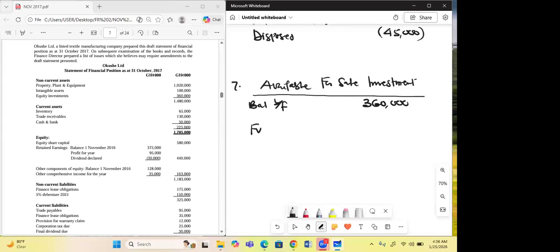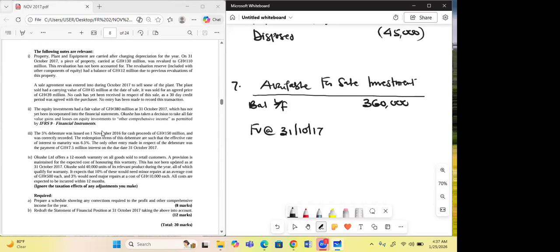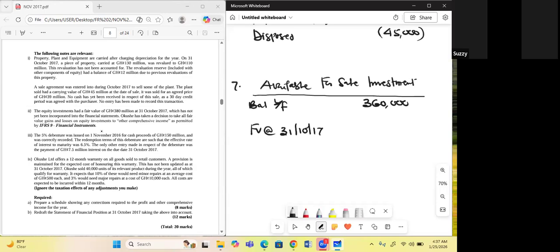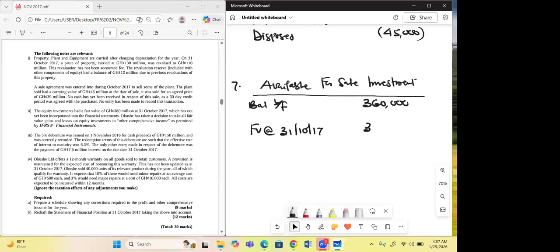Now they are telling you that the fair value at the year end, 31st October 2017, has become what? 380,000. So this is a fair value gain, which will be charged where? OCI, exactly. So a fair value gain of 20,000, which will be charged to OCI. Done. Yes, the next footnote.